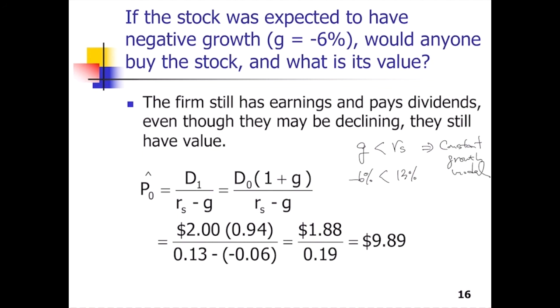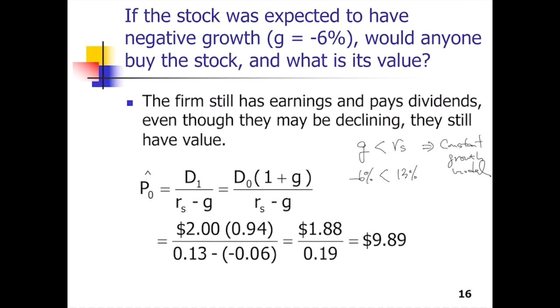As you can see, this is the constant growth model, the general formula. When you input the numbers, D0, G and RS, we already know, right? And finally, you get this number. It's positive.